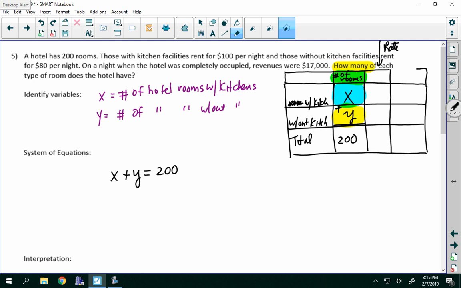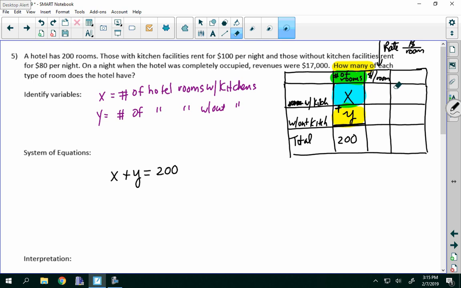And in this case, the rate will be dollars per room. Sometimes it could be miles per hour, or dollars per pound, or it might be an interest rate. Okay, so this is my dollars per room, my rate.